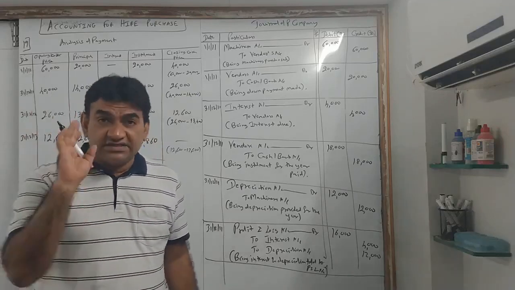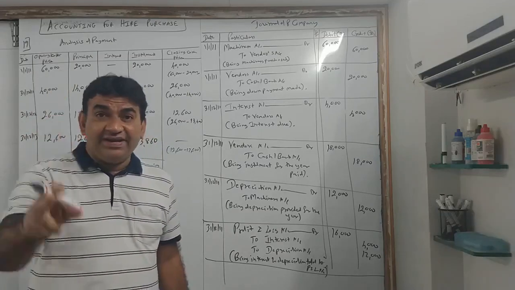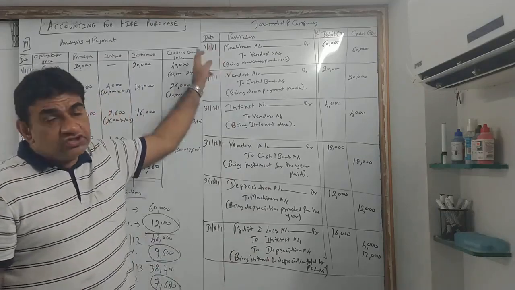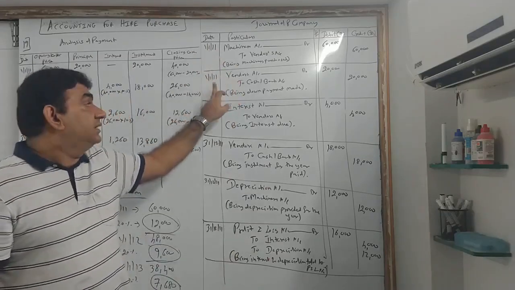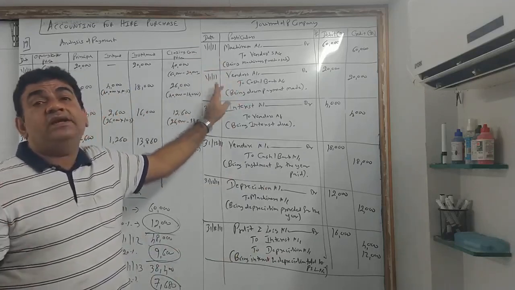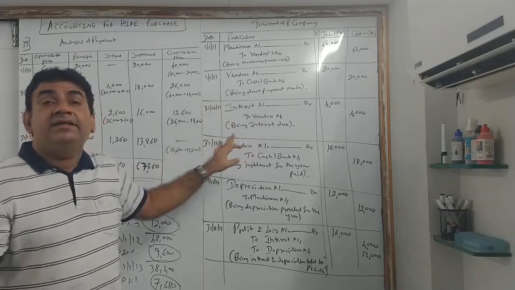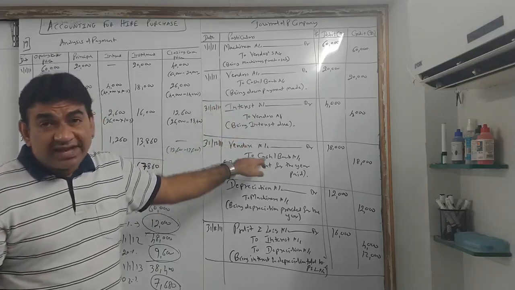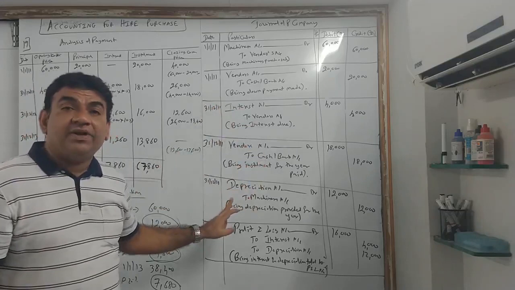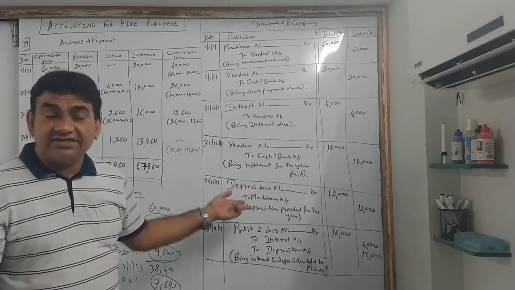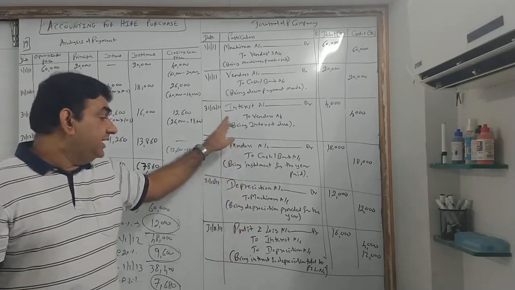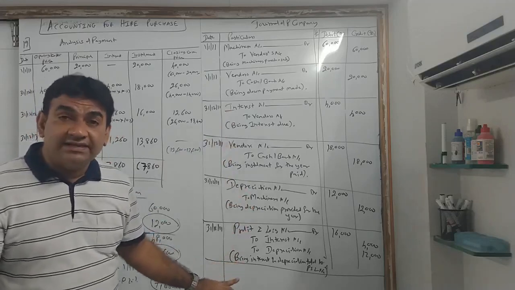So these are the 6 entries for the first year. I repeat: purchase, so asset to vendor; down payment made, so vendor to cash bank; interest due, interest to vendor; installment paid, vendor to cash bank; depreciation provided, depreciation to asset, here the asset is machinery; and in the end, interest and depreciation transferred to P&L.